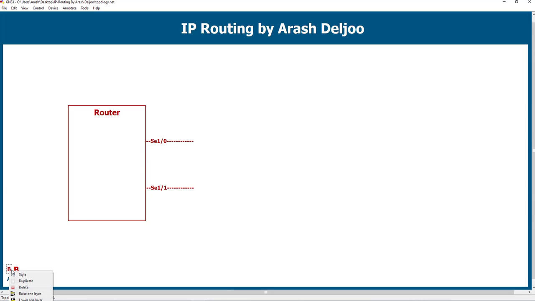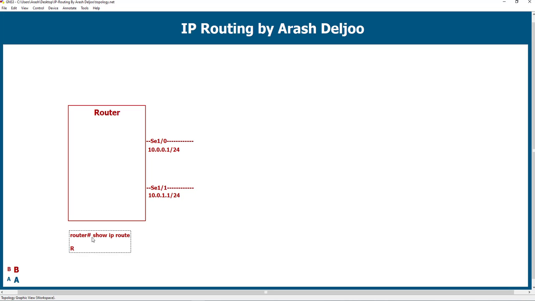Every interface has an IP address. For example, the IP address of serial 10 is 10.0.0.1/24, and for example, the interface serial 11's IP address is 10.0.1.1/24. Now, if you check the routing table of this router with the command show ip route, you will see this routing table.